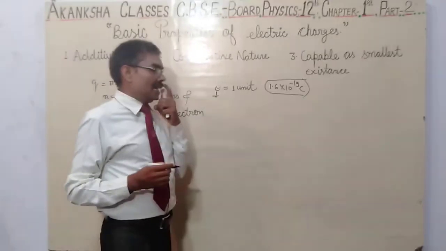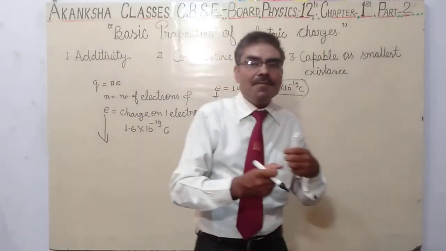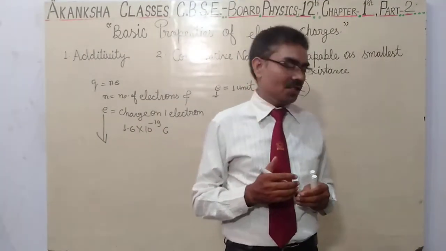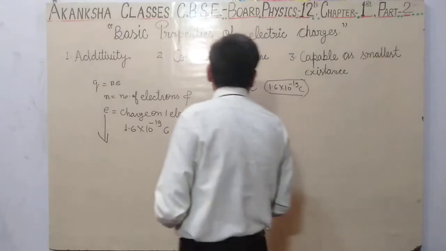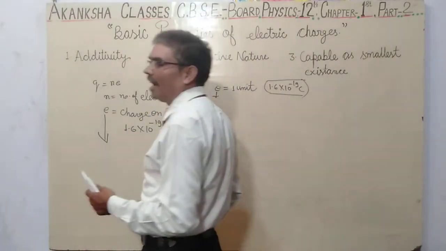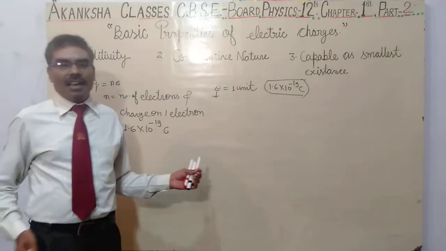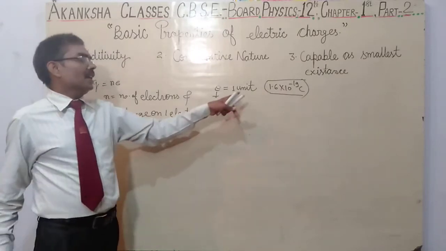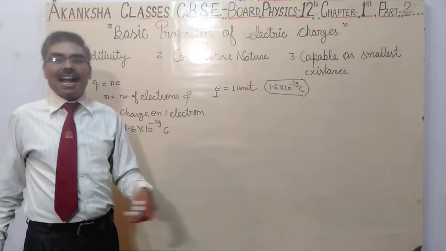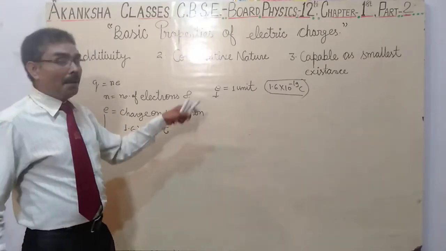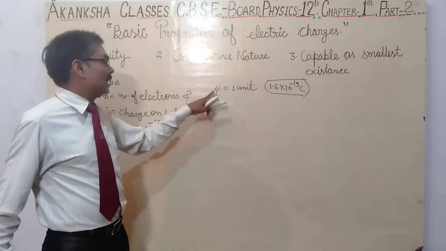Hence electron is called quantization of charge. This means all the charges that exist in the universe are an integral multiple of E. All the charges that exist in nature will be integral multiple of E.